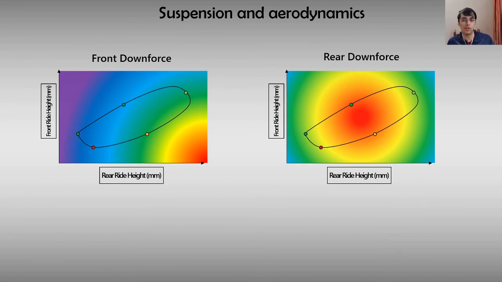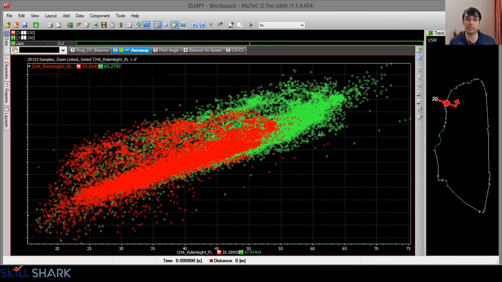You can also move the ride height envelope itself, and you can do this by increasing or decreasing the static ride height, and then decreasing and increasing the spring lengths can stretch and skew this profile as well. So these are the different ways you can actually manipulate this aerodynamic ride height envelope and the aerodynamic map to your advantage. It's something really interesting to see, which is why I showed this to you.